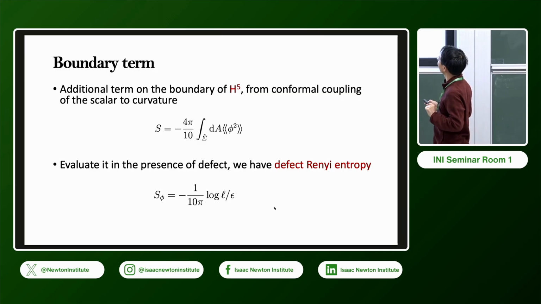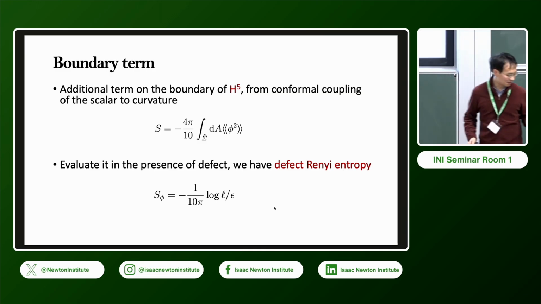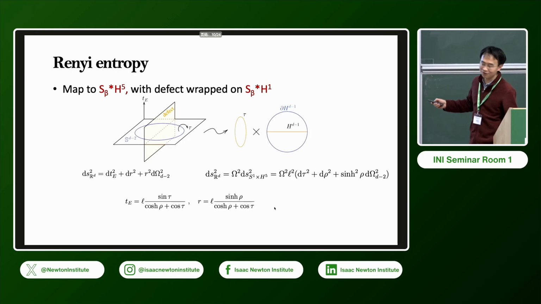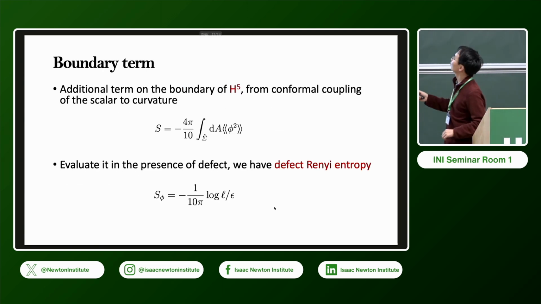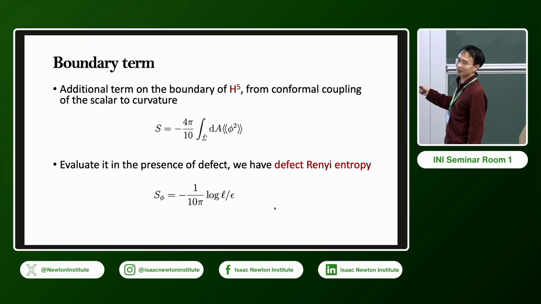Not only that, in my setup there will be an additional defect inserted here. When you resolve this cone, which is essentially this blue circle, the tip of the cone, then the phi squared operator will have a non-trivial expectation value, this double bracket, because of the presence of the defect. So you have to calculate this one.